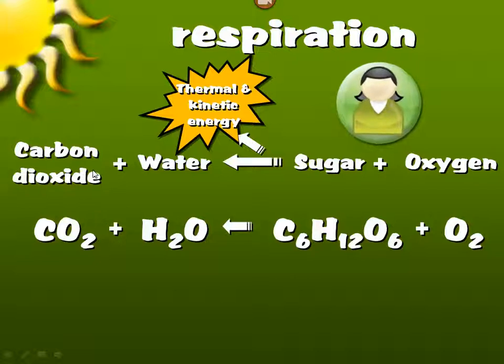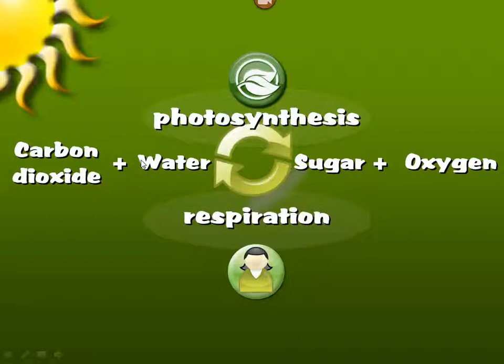And if you breathe out onto your hand, that's carbon dioxide, and you'll feel the water vapor as well coming out of your body. So what we've got here is two processes that are kind of the opposite of each other. Plants take carbon dioxide and water, and through photosynthesis, the arrow goes this way and makes sugar and oxygen.